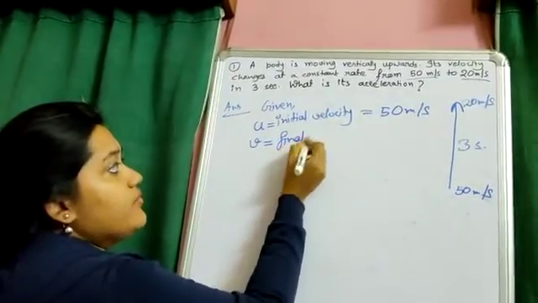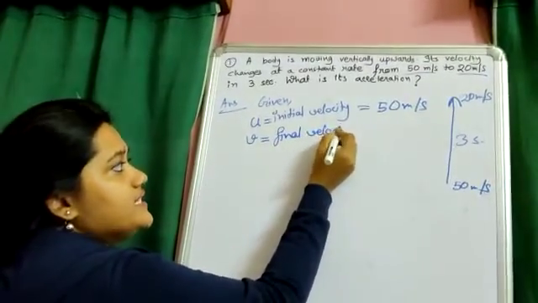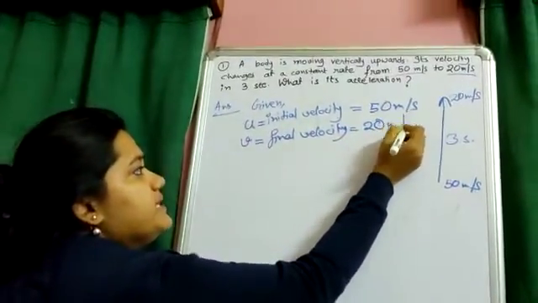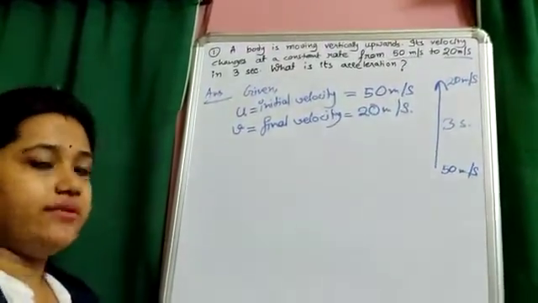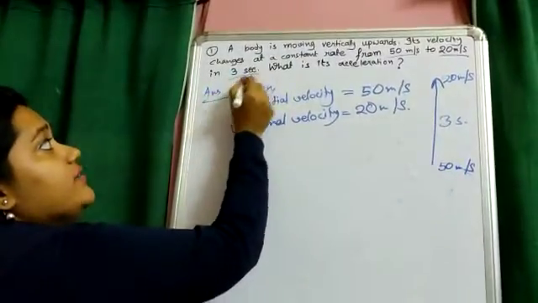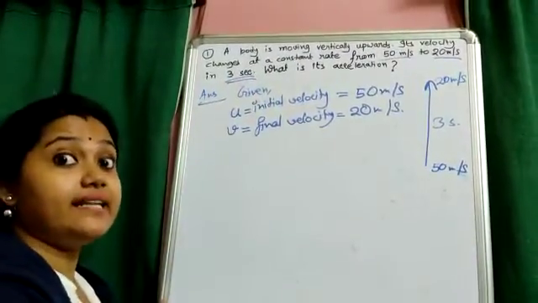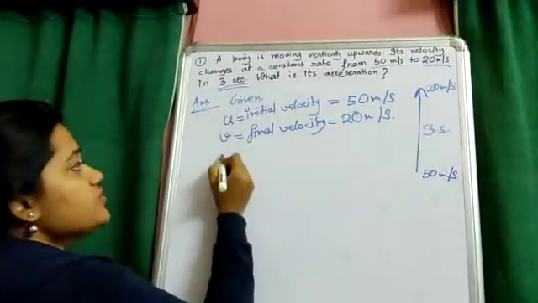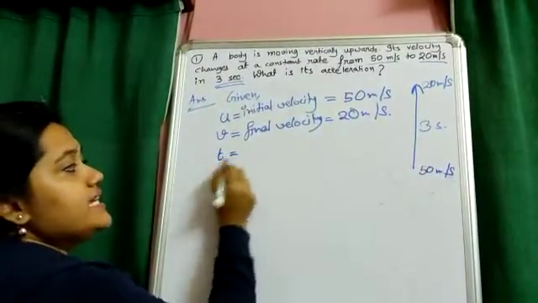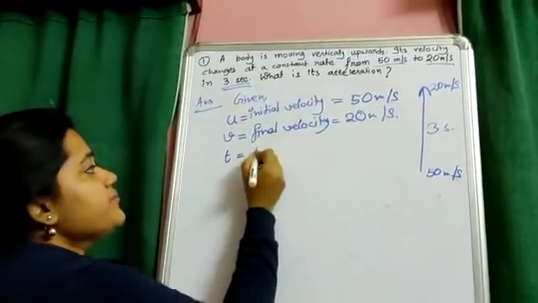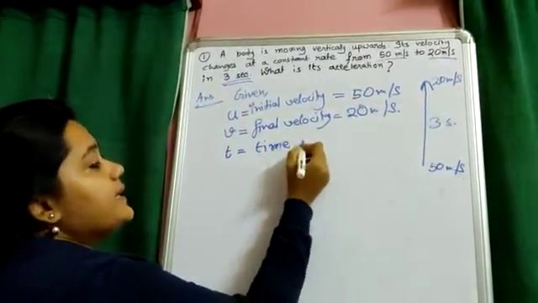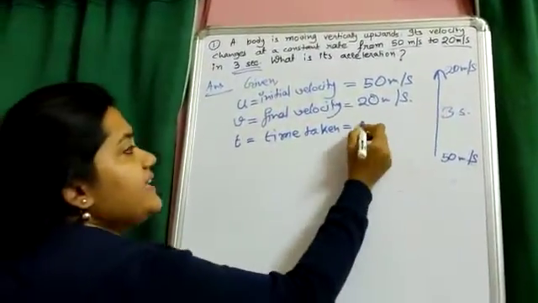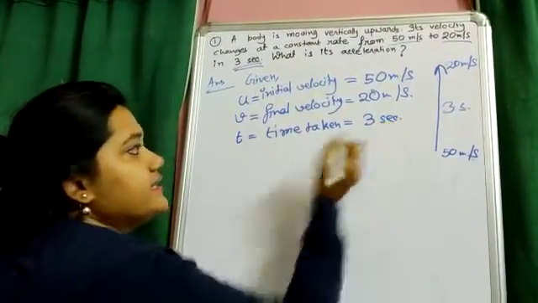V is the final velocity, 20 meter per second. They have also given the time taken to change this velocity, 3 seconds. We represent time using t. T is the time taken, 3 seconds.